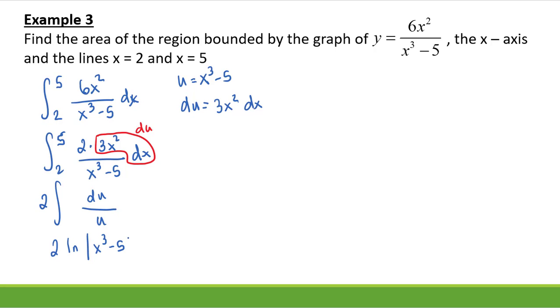And now I have to evaluate that from 2 to 5. So I go over here and I plug in a 5 for my x, and that is 125, minus the ln, if I plug in 2, I get 3.